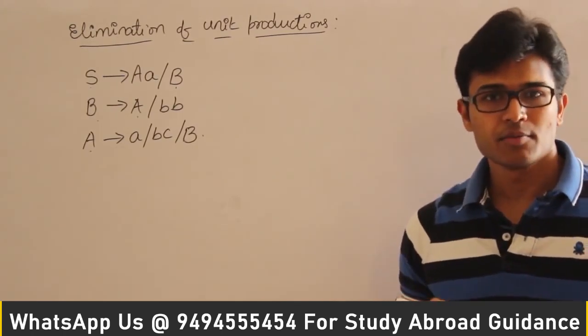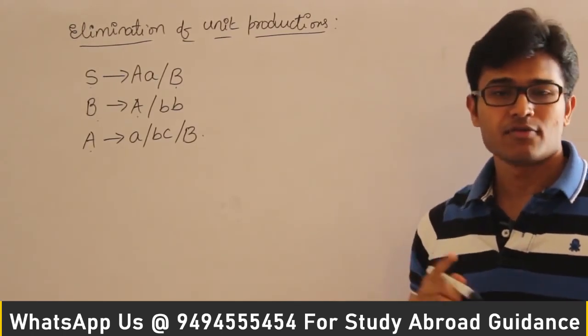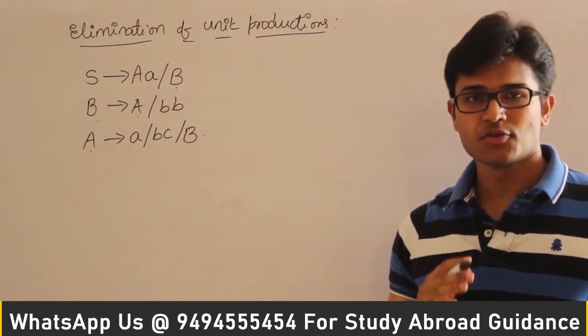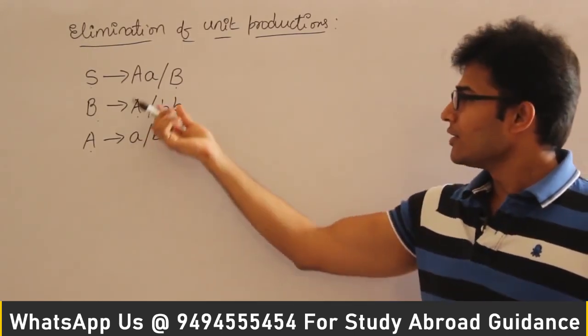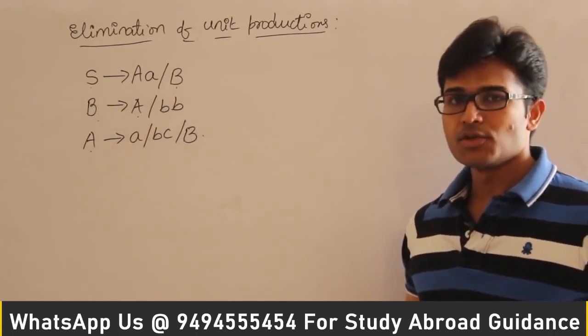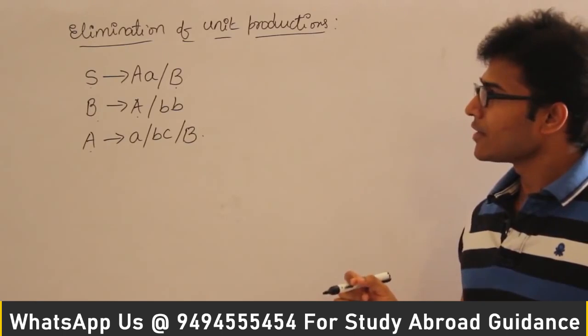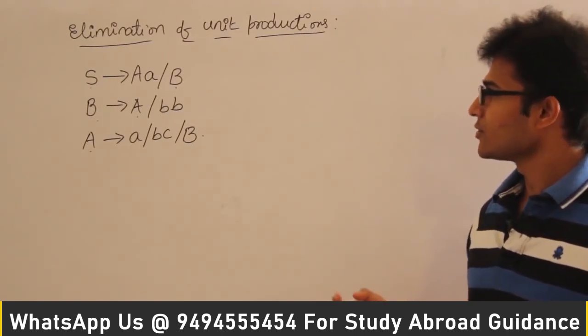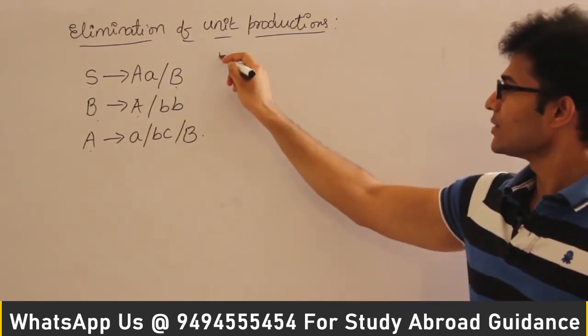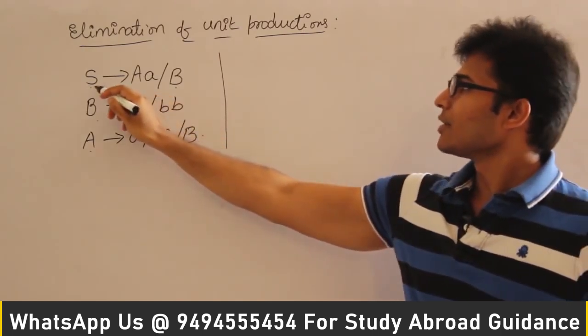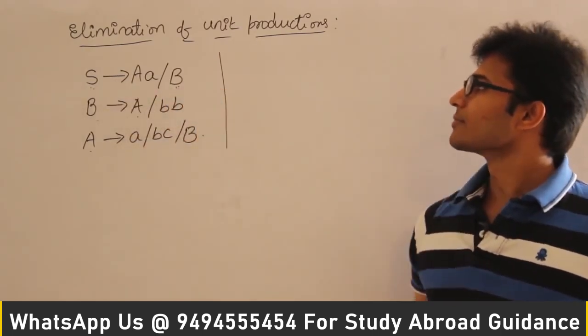You could do any number of transformations on the grammar, but finally the language generated should be the same. So even if you delete the unit productions, the final language generated should not be affected.